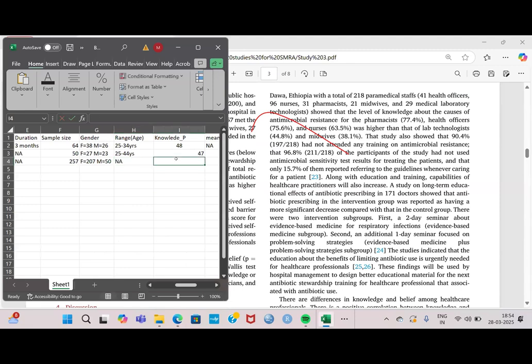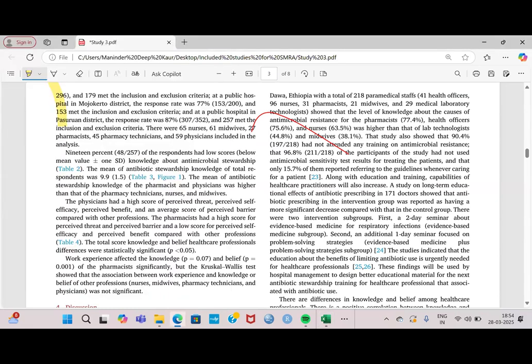Next is the knowledge score. So how much knowledge they have reported. So I need to look at that. So see, 19% out of 257 respondents had a low score. Okay. But I need to have a good score. So you can put the back number in that also. That is 209 have a good knowledge out of 257.